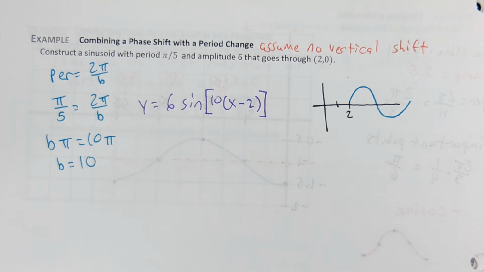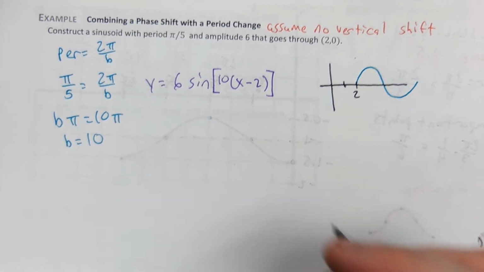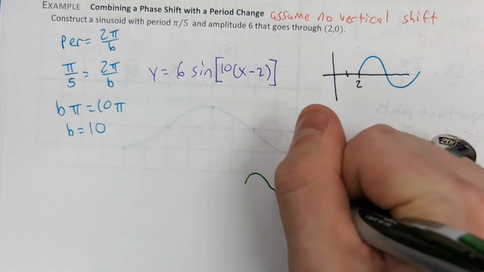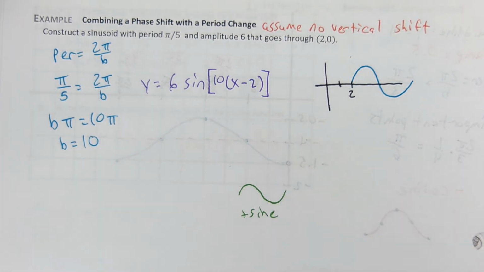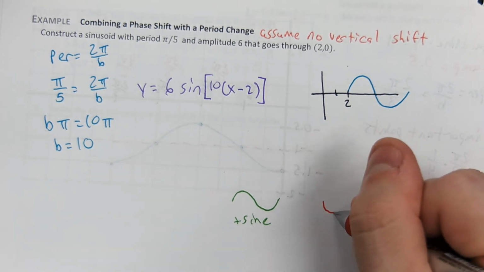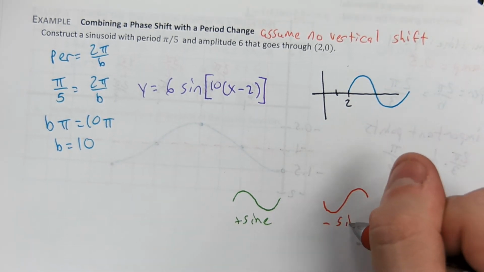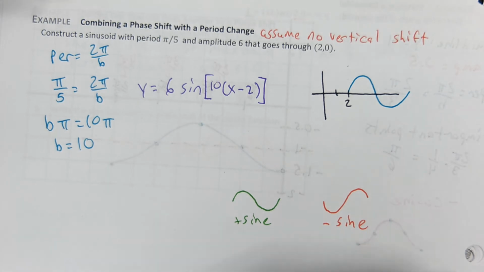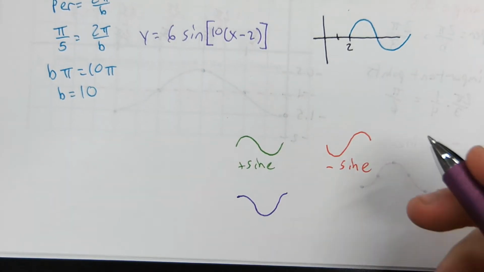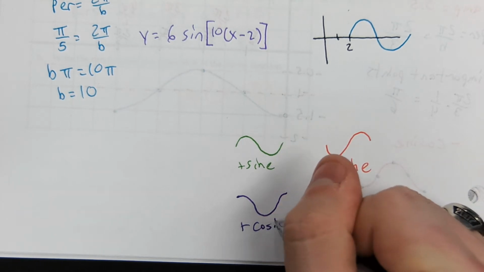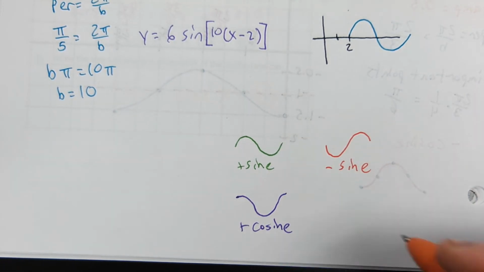Amplitude's always positive, but you mean how do I know if the function has a plus sign or a minus sign in front of it? Well, if you think about it, as far as sine and cosine are concerned, there's only 4 shapes. There's positive sine, there's negative sine, there's positive cosine, and then negative cosine.